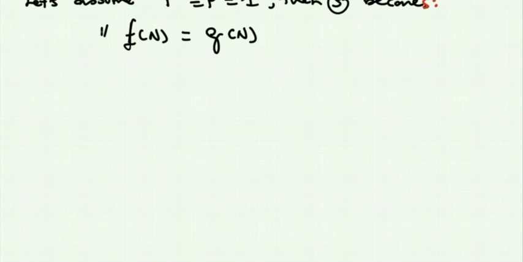Because price now becomes 1. There's a problem with this computerized pen. Price here becomes 1, expected price also becomes 1. So it becomes Fn equals to Gn. Let me write Fn properly.